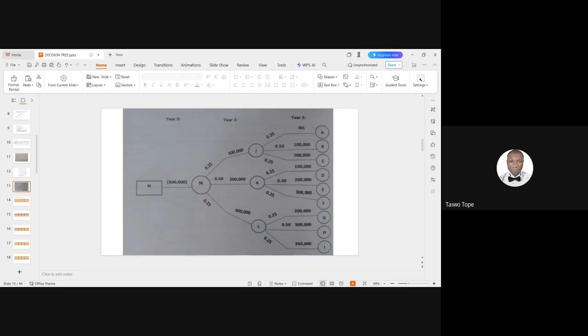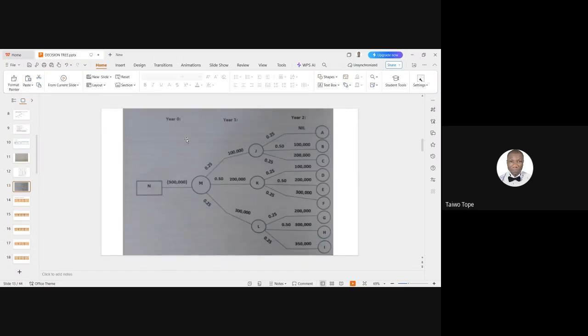It's bringing back how much in year two based on node A? Zero. Nil. Now, if you want to get your NPV based on node A, what will you do? You have your year, your cash flow, your discount factor, then your present value.